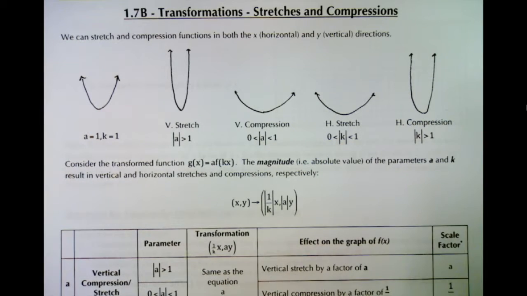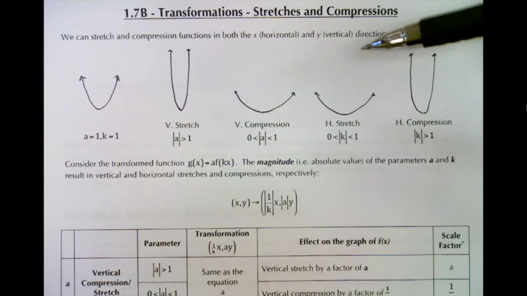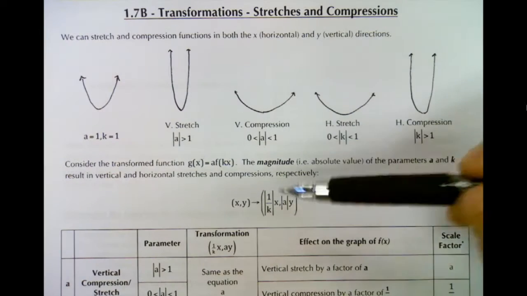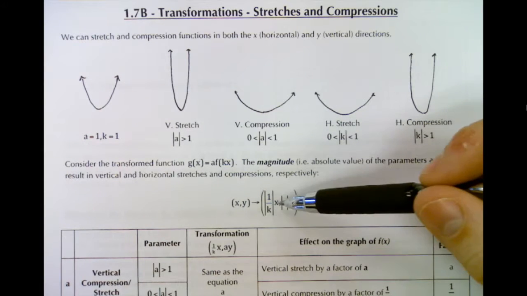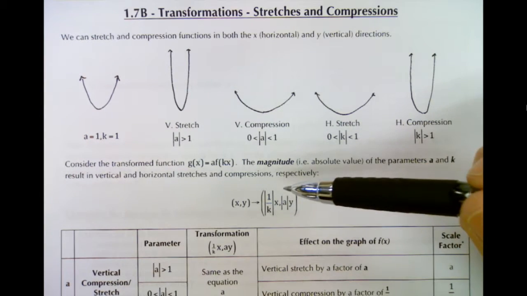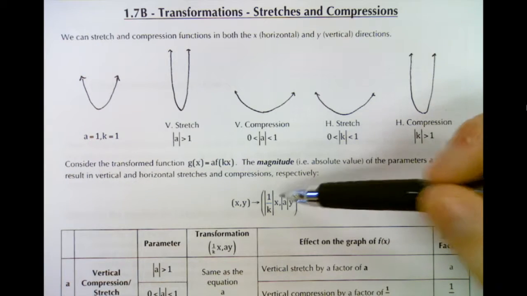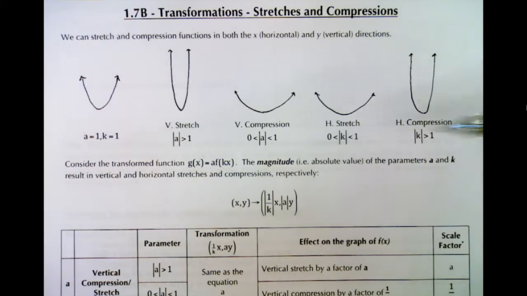And the reason why is because much like D acted on X with the opposite sign, so does K. K acts in the opposite way you might think. If K is a whole number, you're actually taking the X's and dividing by that whole number, or multiplying by a fraction. And I'll show you exactly what I mean as we move forward in the lesson.